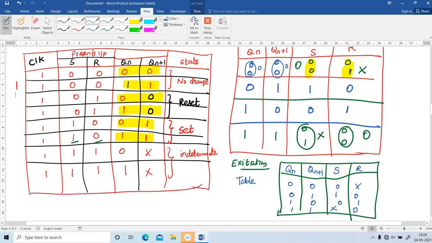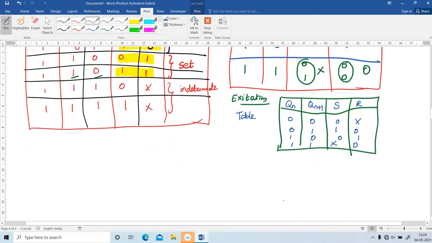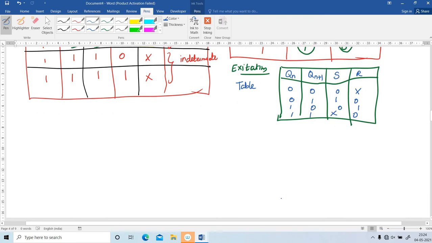After finishing the excitation table, I am going to explain about the state diagram. How to draw the state diagram for SR flip-flop. So to draw the state diagram, first put one circle and 0.